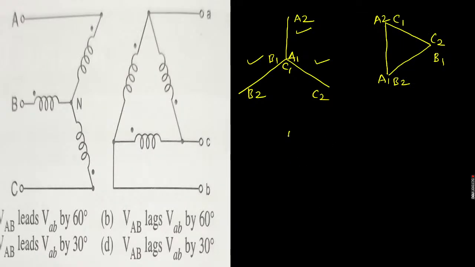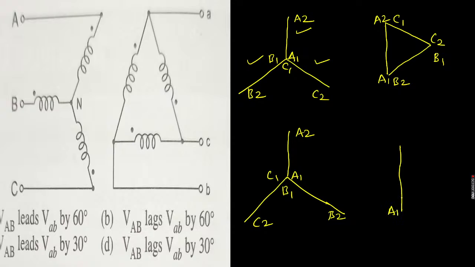Previous case நம்ம என்ன பண்ணிருந்தோம், in previous case I have taken A1 here, A2 here, and then B1 here, B2 here, and then C1 here, C2 here. Correct, sir? Yes. இப்போ இந்த கேஸ்ல என்ன பண்ணிருக்கோம், just we have reversed this case. அப்ப நம்ம இதை reverse பண்ணிட்டோம் அப்படின்னா delta connectionல என்ன ஆகும், phase will be reversed.